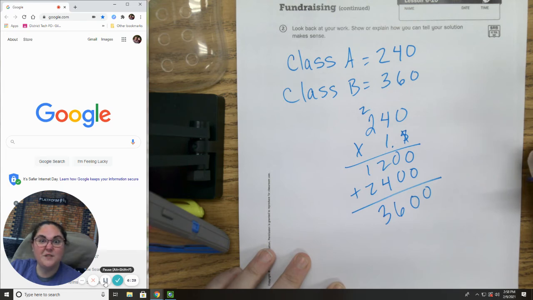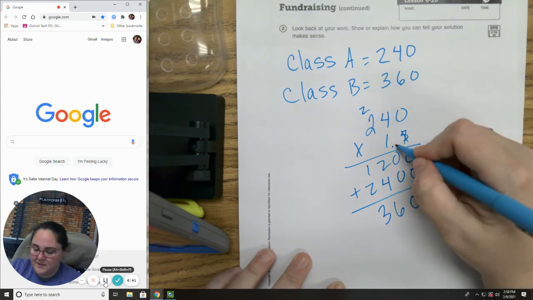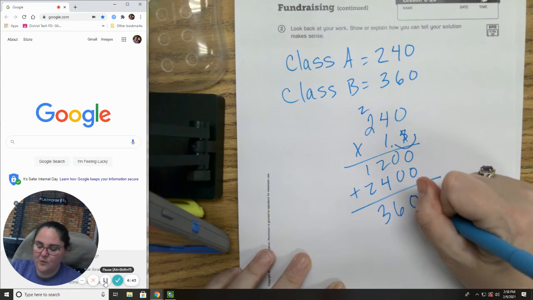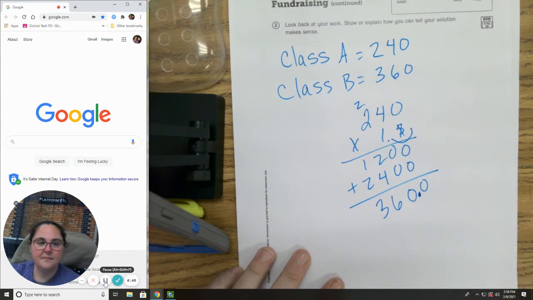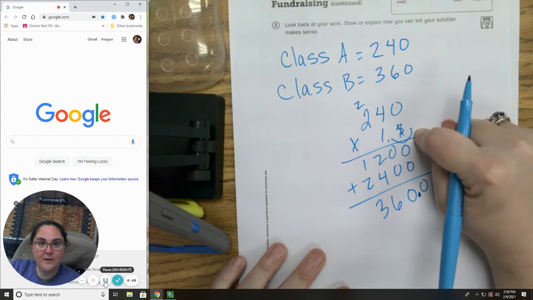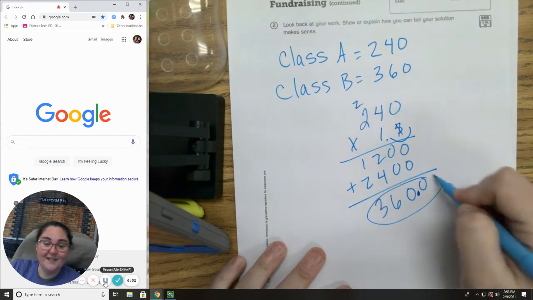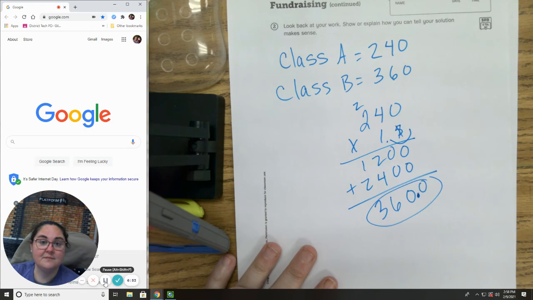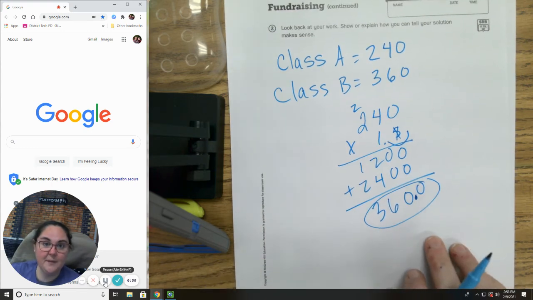I had to think it through for a second. Now I had one spot past my decimal, so I moved my decimal one spot here. So if I take Class A times 1.5, my answer is the same as what I got for Class B. So guess what? I'm going to put that in a sentence.